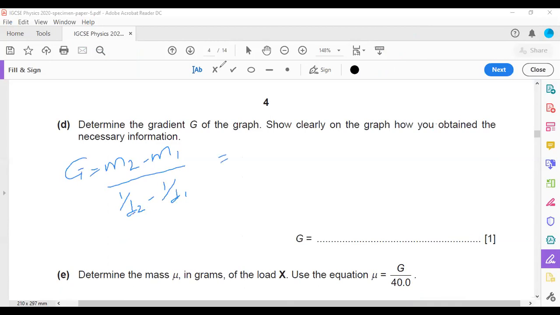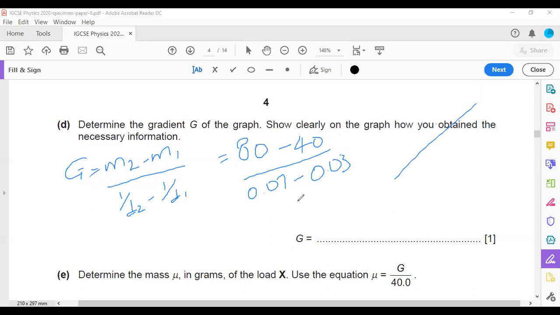Good. What is the M2 value? I am going to assume that for our M2 values, we're going to use the big triangle. So your M2 value is going to be 80 minus 40 over your D2, which would have been 0.07 minus 0.03. One big triangle.